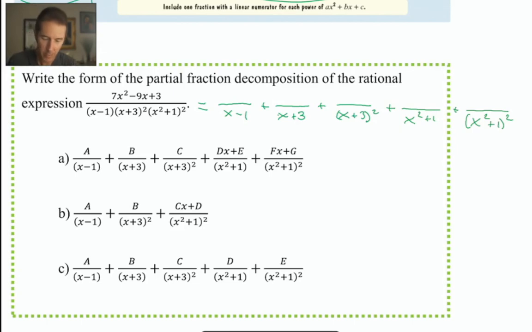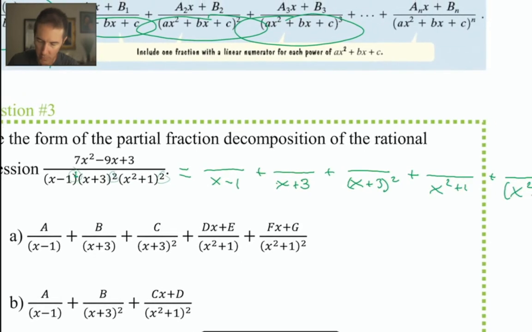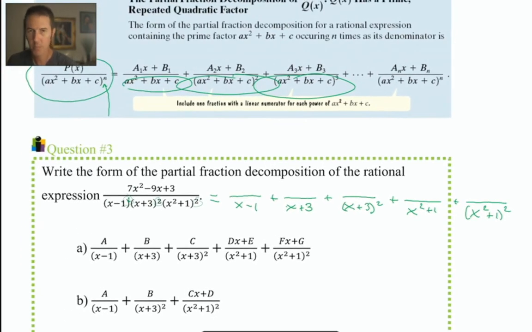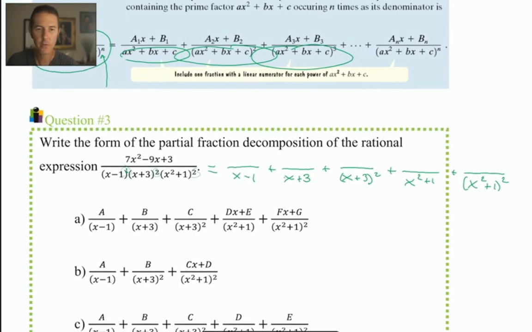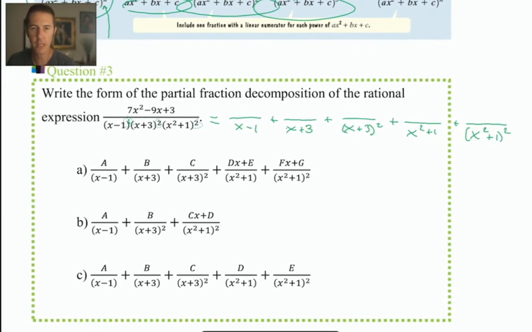So if you add up the exponents in this original denominator, there's an invisible exponent of 1 right here. 1 plus 2 plus 2 makes 5. And how many fractions did we end up with in the decomposition? 5 fractions. So that's a good way to narrow down just in case you're in a multiple choice situation. But even as you start laying out the format for the partial fraction decomposition, you should know pretty quickly how many fractions you're going to have.